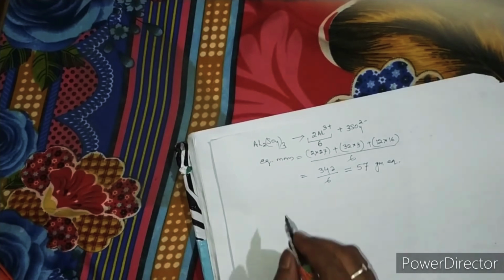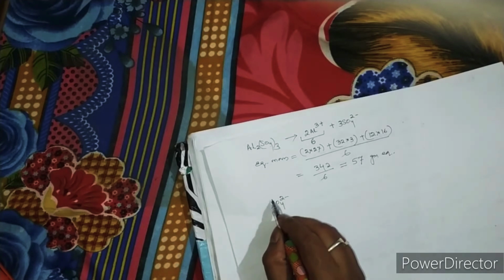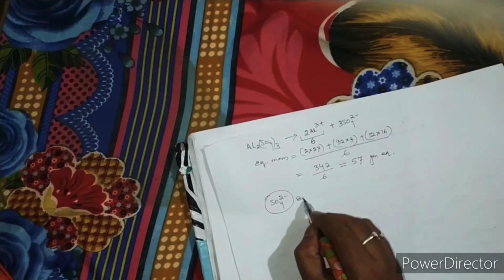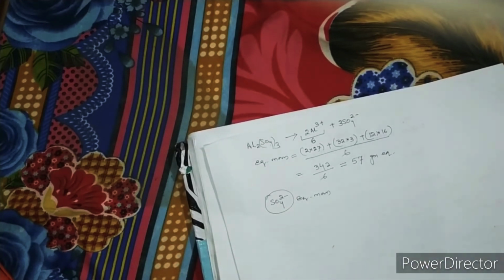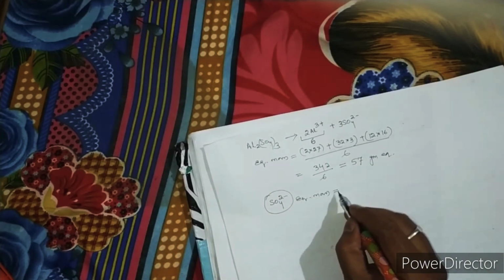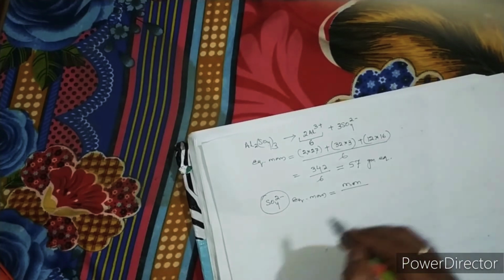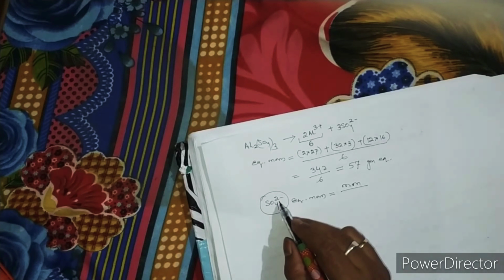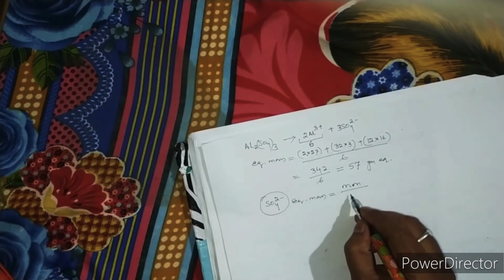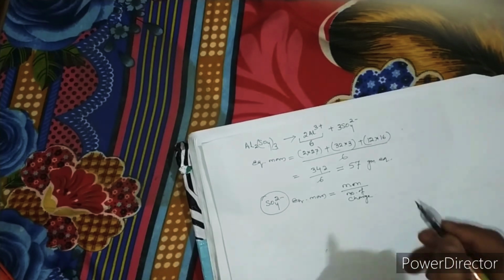Similarly, we can calculate the equivalent mass of an ion also. Let us take one example. Suppose we write the equivalent mass of the sulfate ion. Then how do we calculate? Here the equivalent mass formula will be molecular mass divided by the number of charges present on the ion, either positive or negative.